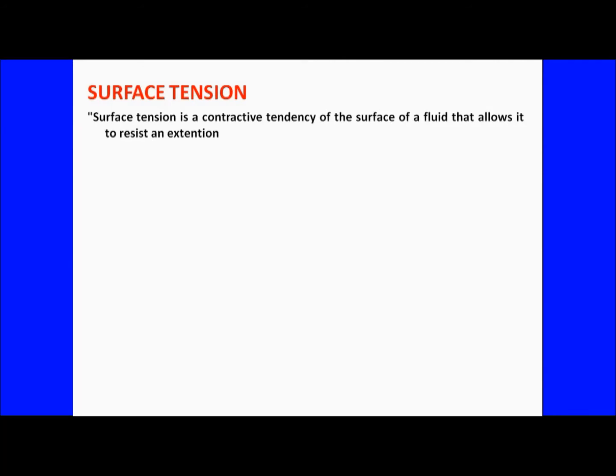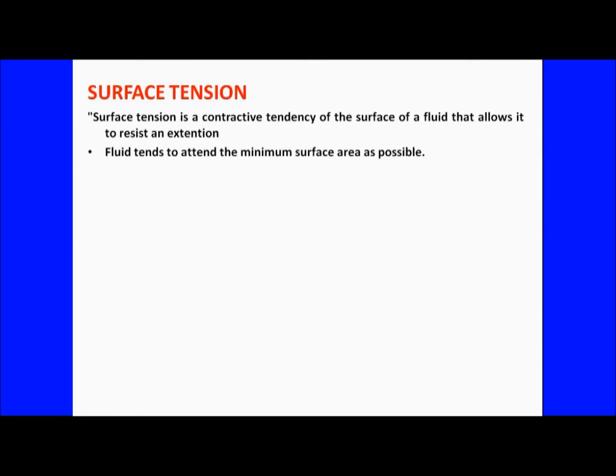Why does it happen? It happens because these water molecules have a high amount of cohesive force, and this droplet of water molecules resists the extension of its surface, right? So the fluid tends to attain as minimum a surface area as possible.